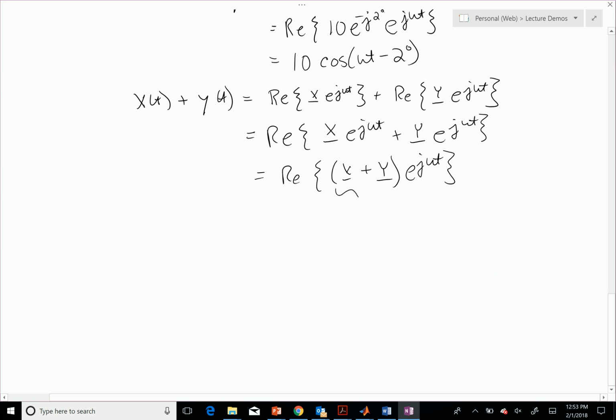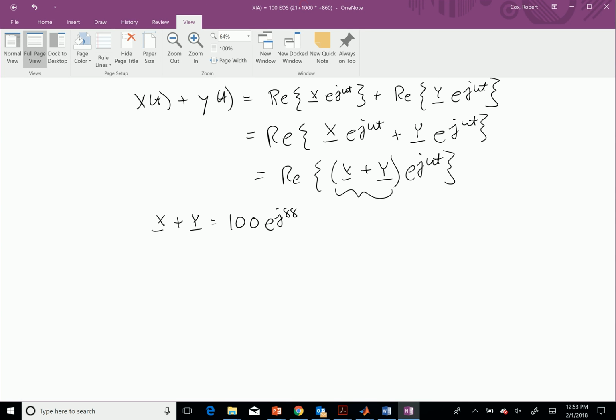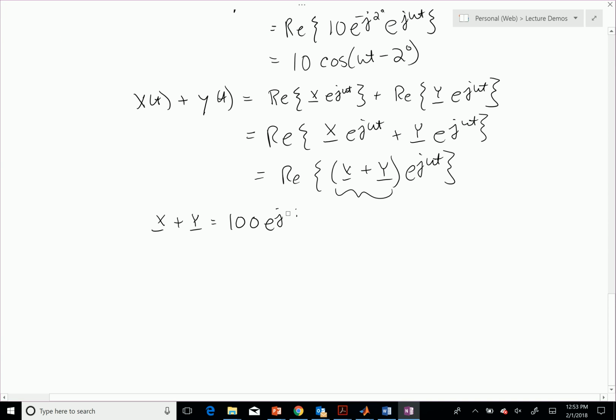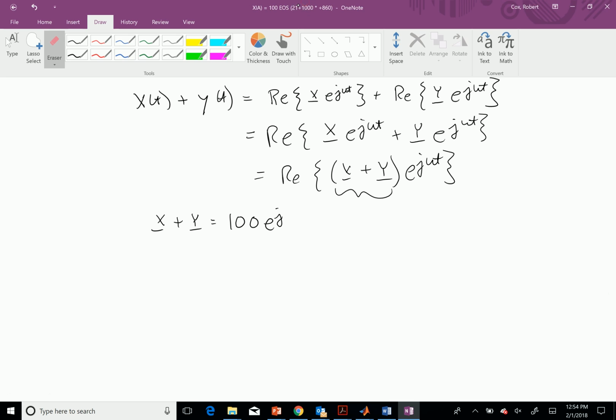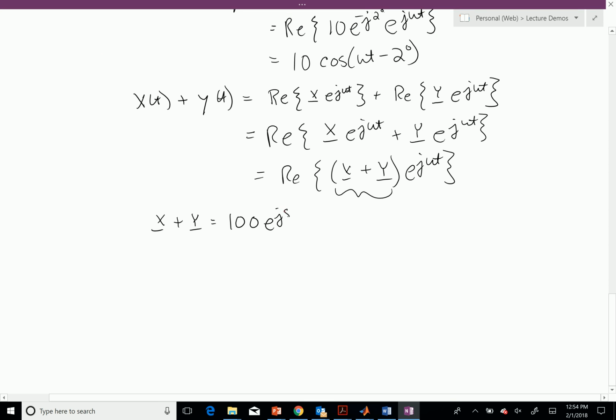Okay, so now I need to figure out what x phasor plus y phasor is. Well, if I go back up, that was 100 e to the j 86 degrees plus 10 e to the negative j 2 degrees.